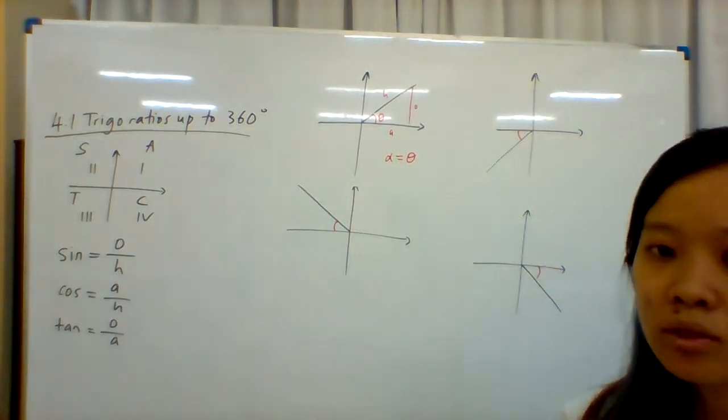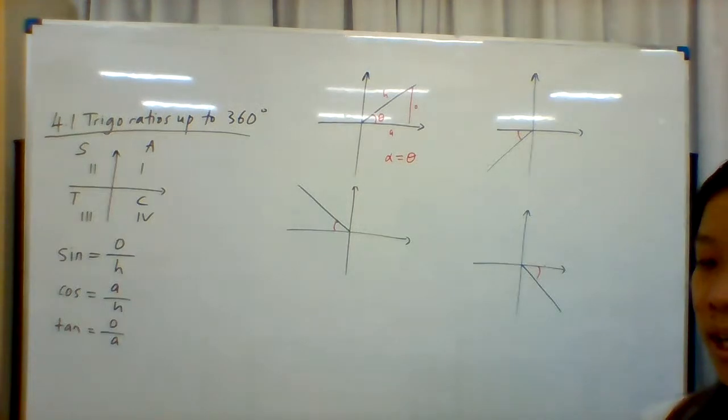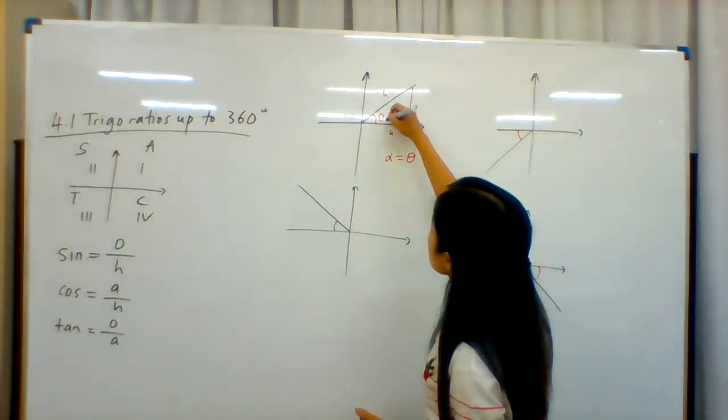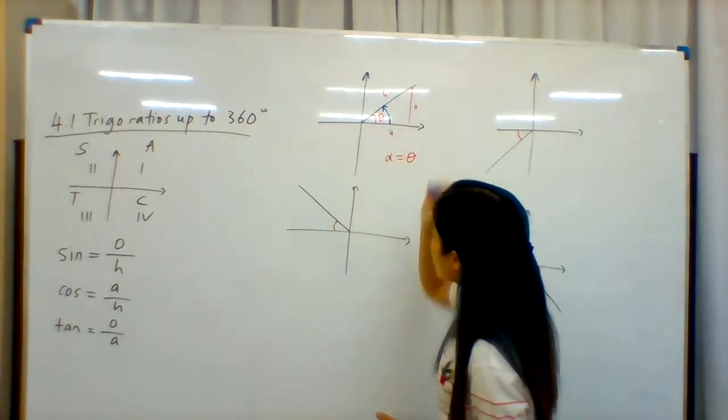Okay, so there are two angles you need to know. The first one is the basic angle, the second one is your theta. For your theta, we will always read from the first quadrant, x-axis up to the line where you draw your theta. So here to here will be your theta.